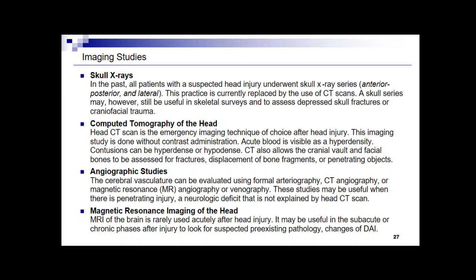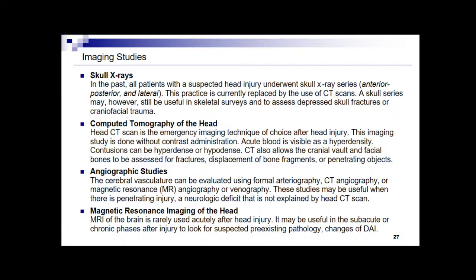We can find the place of rupture of vessels, and we can define places of intracranial ischemia.